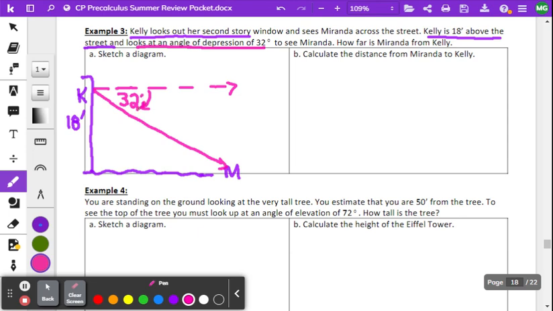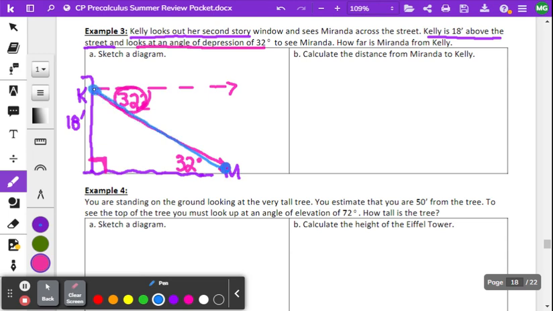Now you might think, well, wait a second, that angle's not even inside the triangle that we're working with. Well, fortunately, we have two parallel lines cut by this transversal. So if this angle is 32 degrees, this angle is 32 degrees as well. And now we have something to work with because we are asked to calculate the distance from Miranda to Kelly.